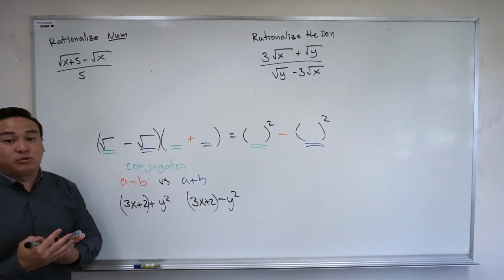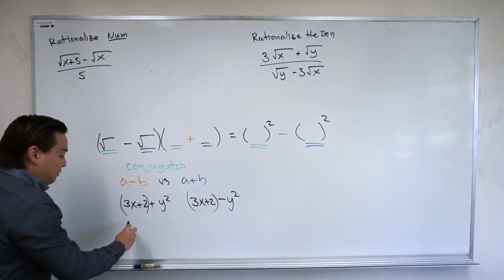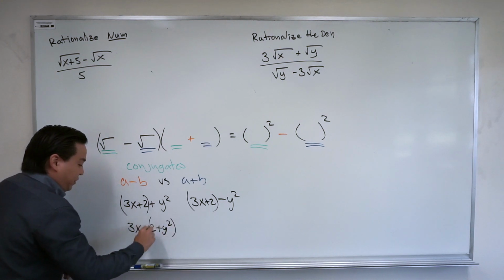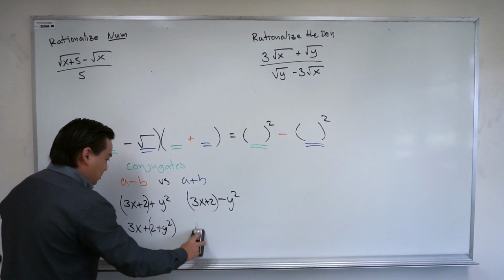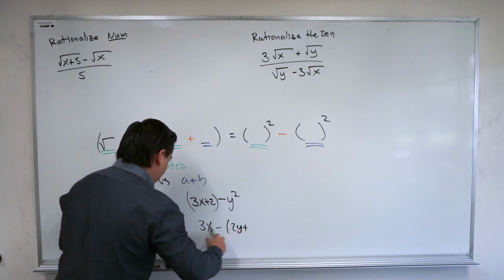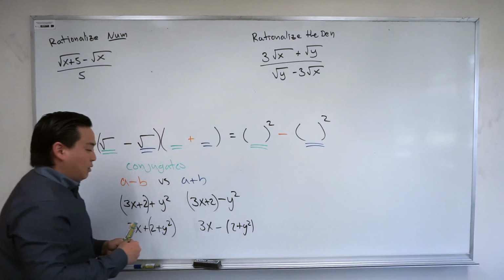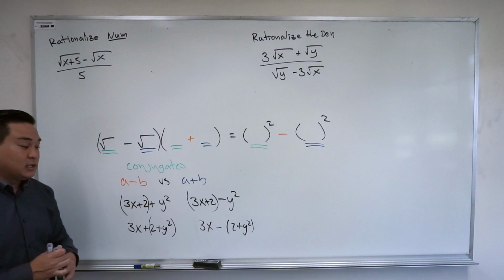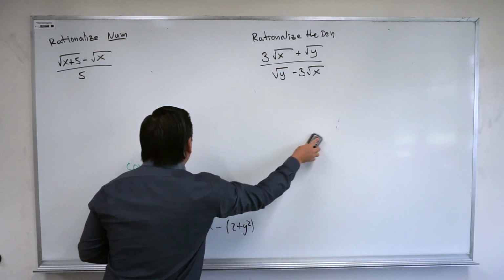So what you're really doing is grouping it into two parts where the middle sign is going to change, versus this one over here, whose conjugate is going to be 3x minus 2y plus 2 plus y squared. Okay. So conjugation is really grouping it into two parts and changing the sign in the middle as plus or minus. So let's go ahead and use this property, this conjugation and the difference of squares, to go ahead and solve these problems.